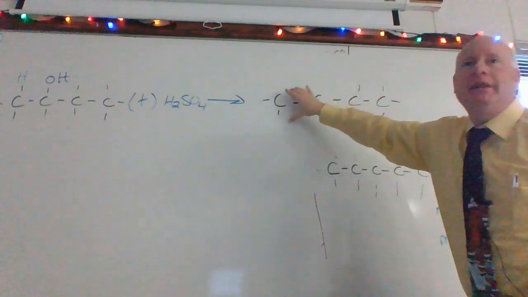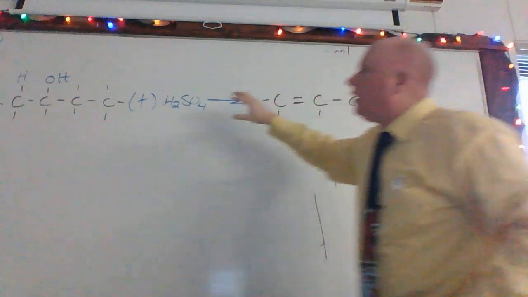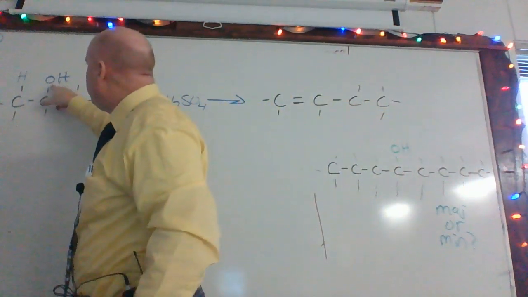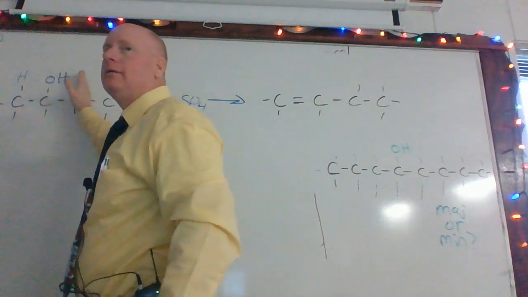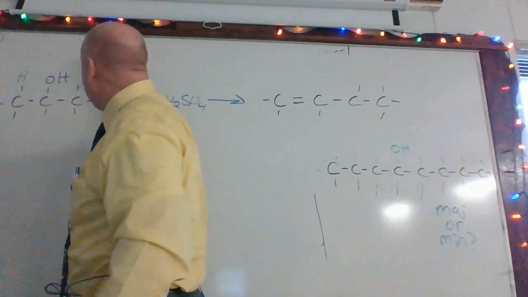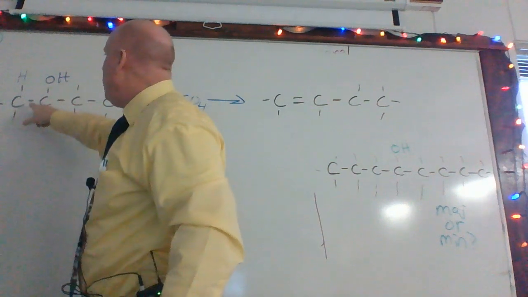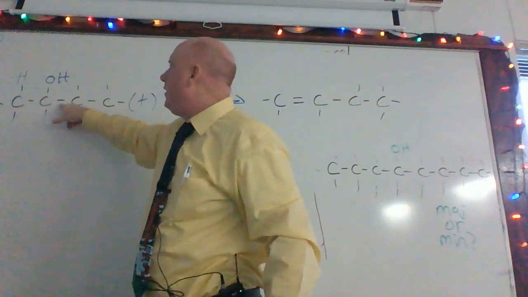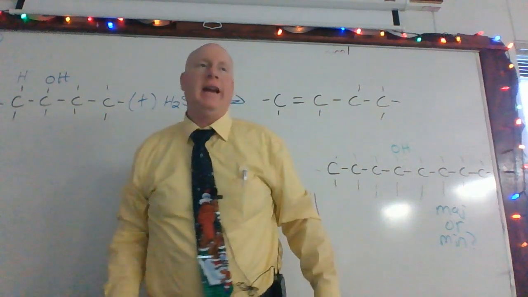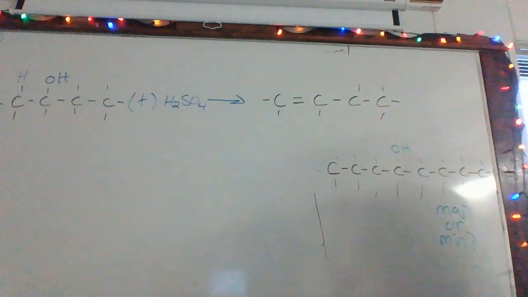That's how you want to perceive that. So when this OH comes off, you look at the left and you look at the right. That double bond can form here, or that double bond can form there. If it's after the first carbon, we know that is the least substituted compound, making that the minor product.